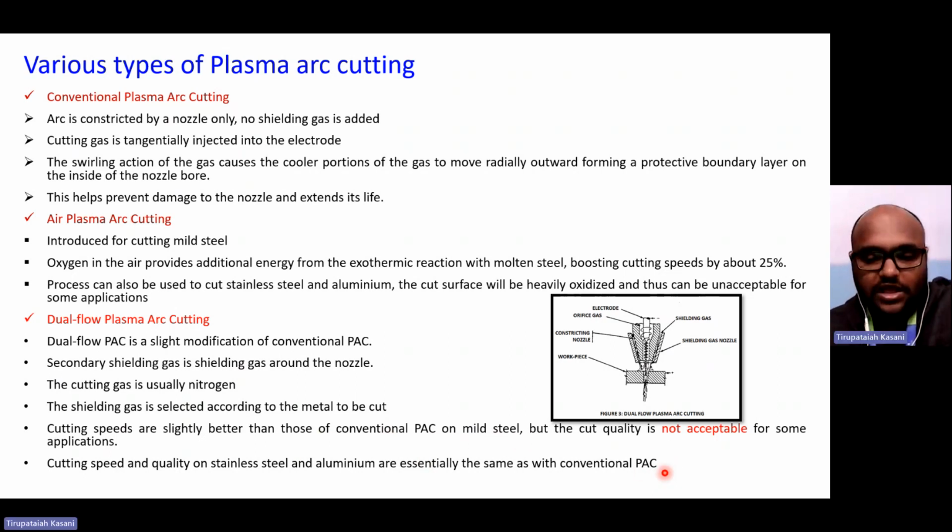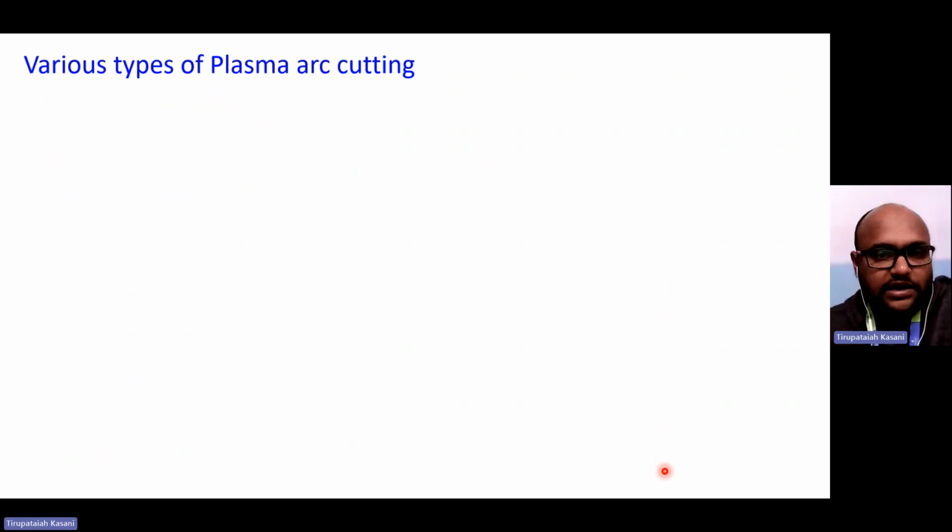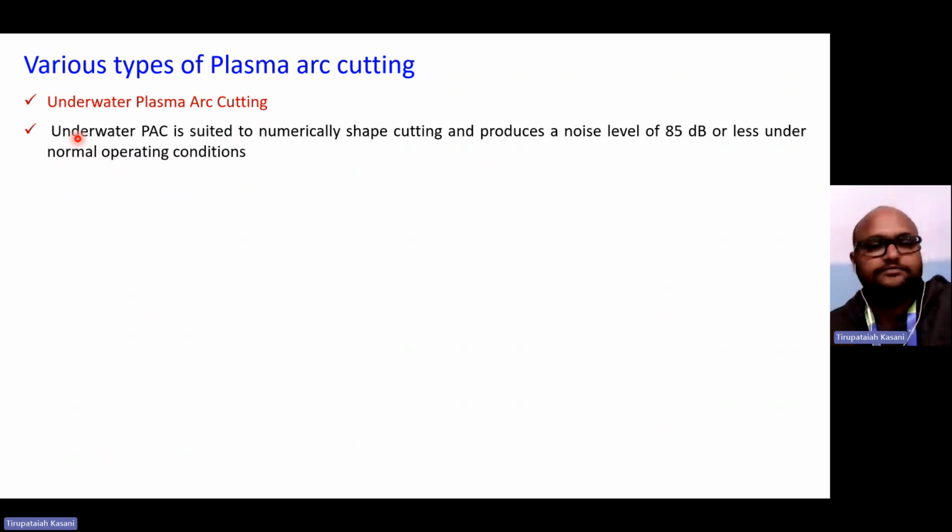Then the final type among the various types of plasma arc cutting is underwater plasma arc cutting. The name itself indicates plasma arc cutting within the water medium. Like in electrical discharge machining, the spark generation is within the dielectric medium.